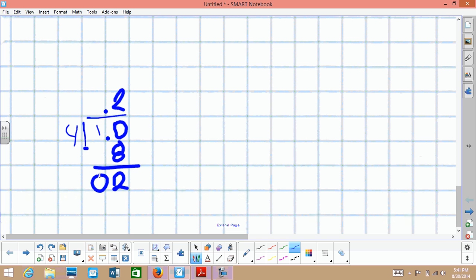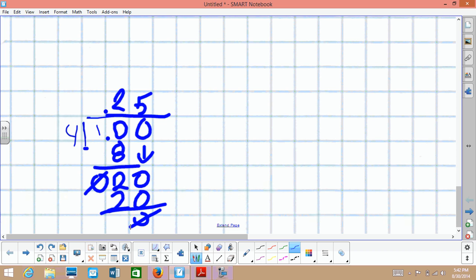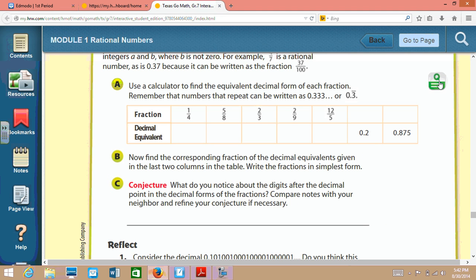That will be a 0. Add a 0, bring it down, and you get 20. 4 goes into 20 5 times. So 4 times 5 is 20, minus 0. So 1/4 equals 0.25, 25 hundredths. Let's plug that in and see if it works.